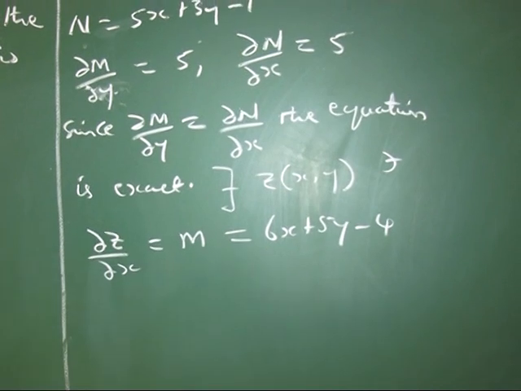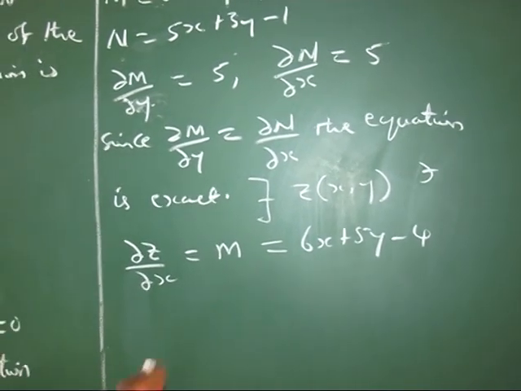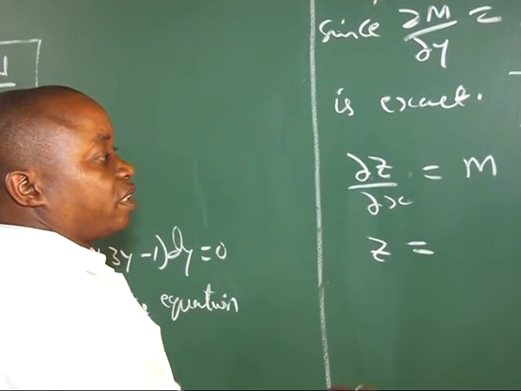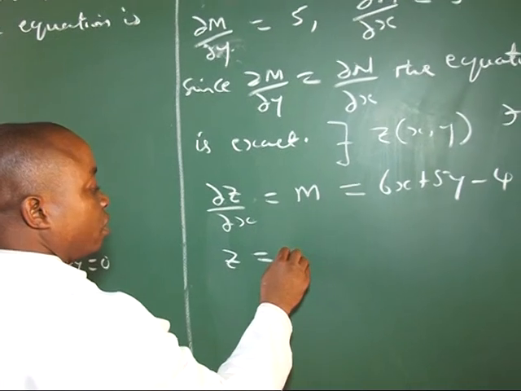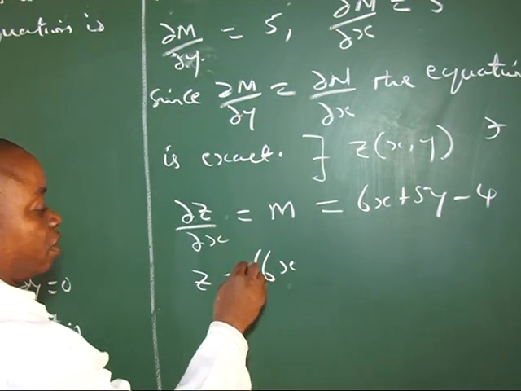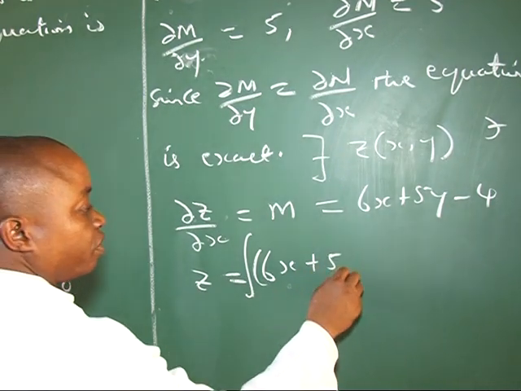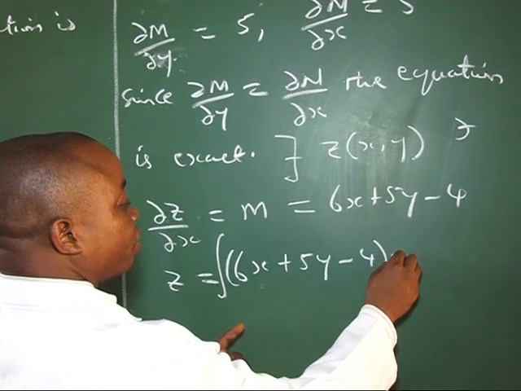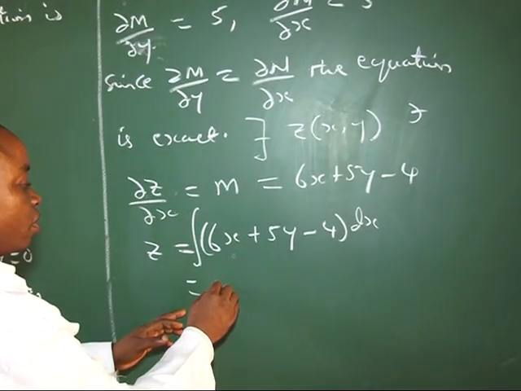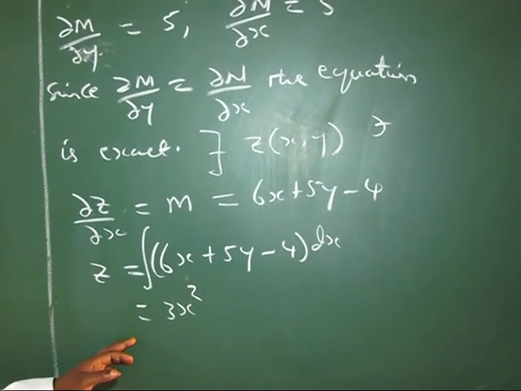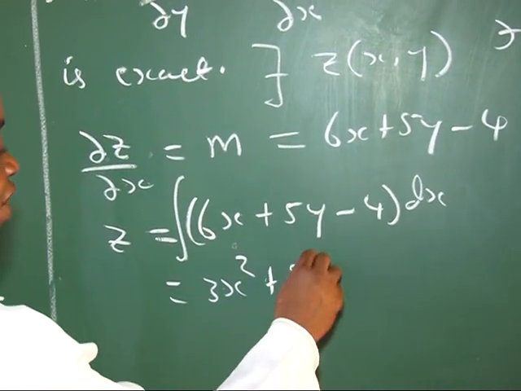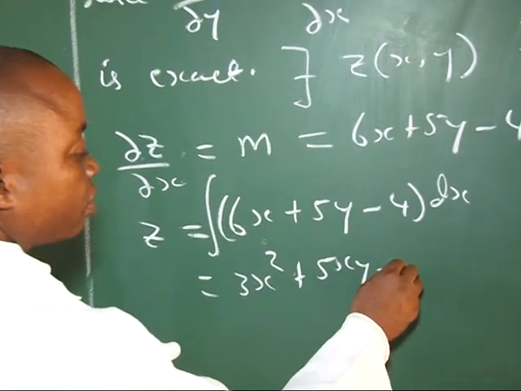If I integrate both sides with respect to x, I will have z equal to 3x squared, because 6x integrated gives 6x squared over 2, plus 5xy, then minus 4x.